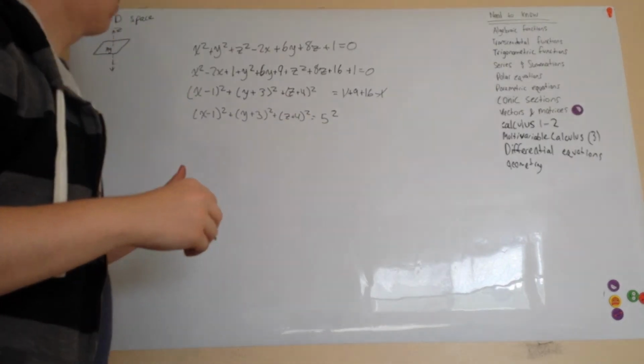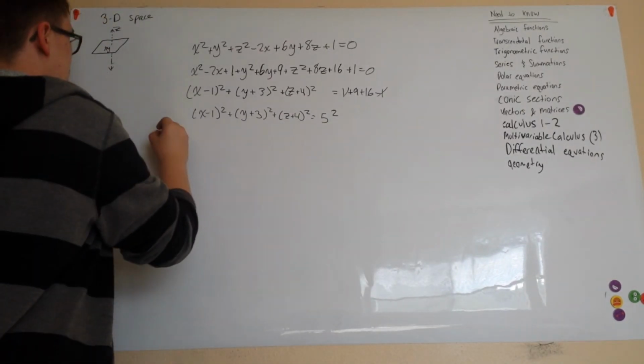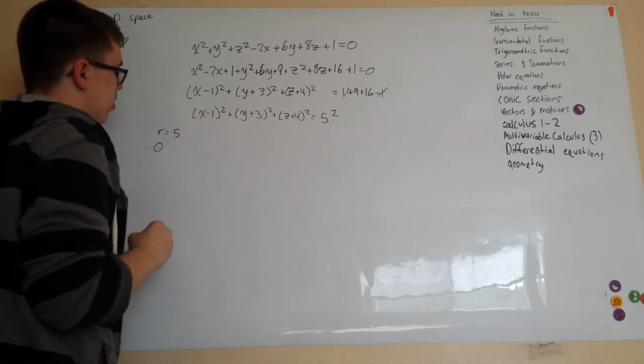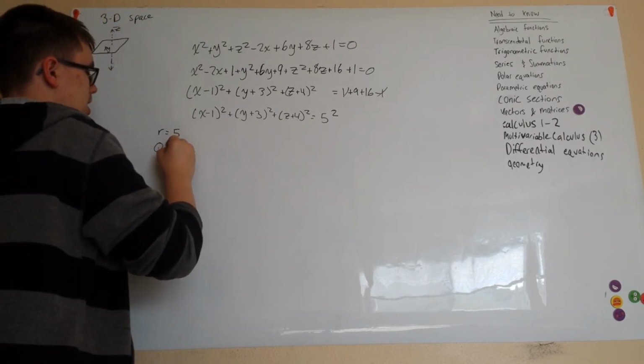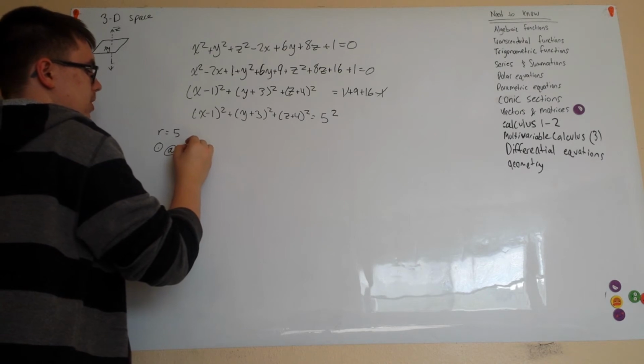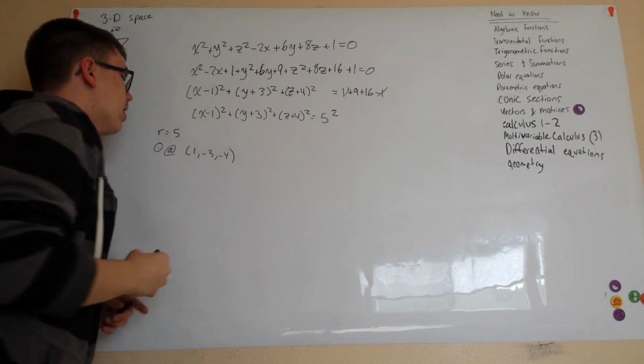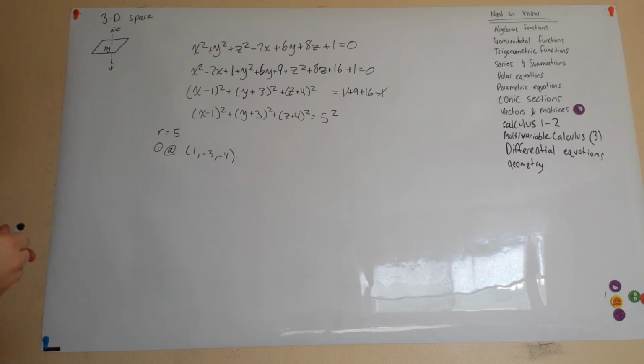Wait, we know everything now. We can say that the radius is 5 and the center point is at 1 comma negative 3 comma negative 4. And that's how you do one of these problems. They're not that difficult.